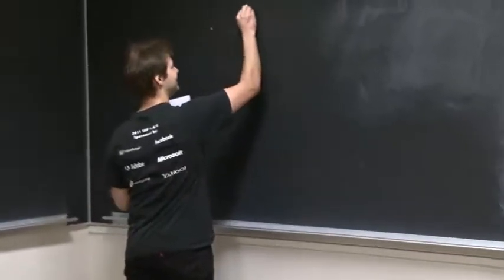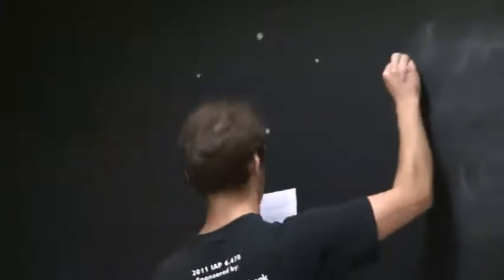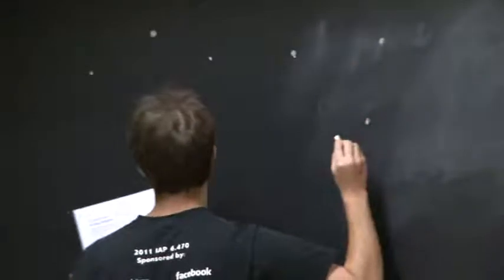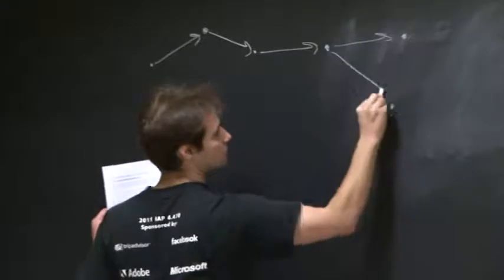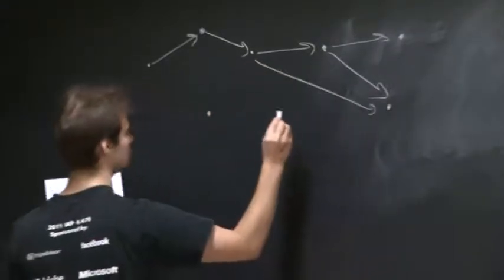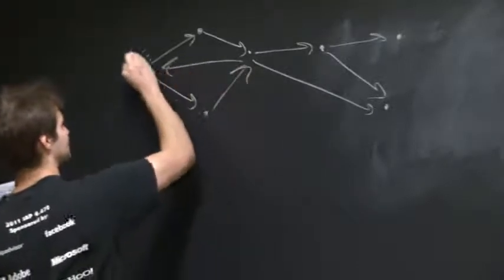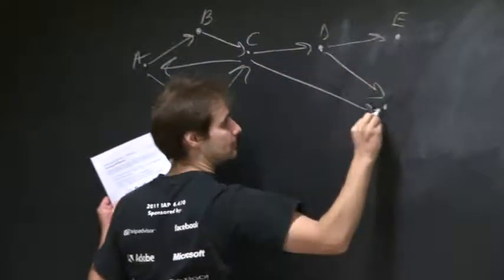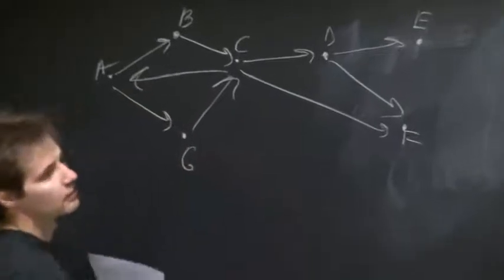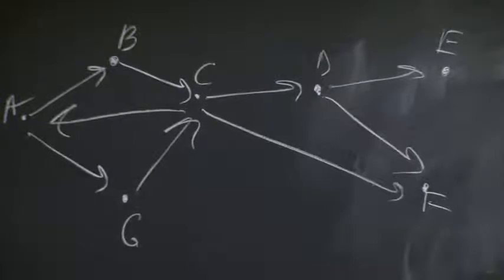Okay, the right idea. Looks like a graph. What kind of graph? Directed, because there are arrows and not straight up lines, right?